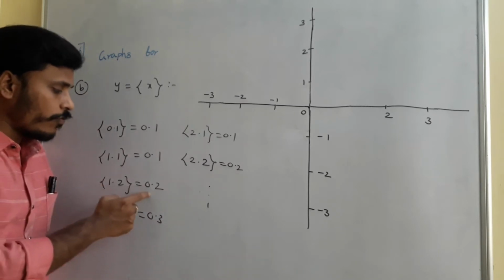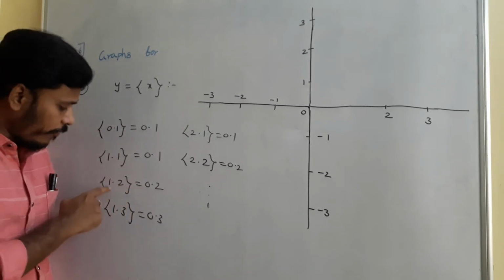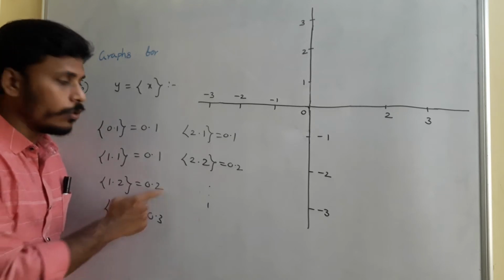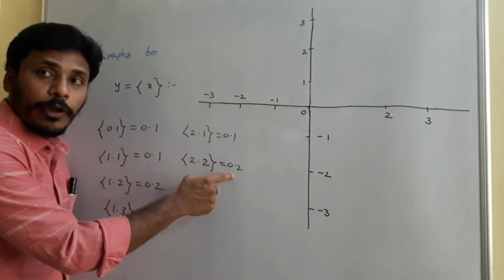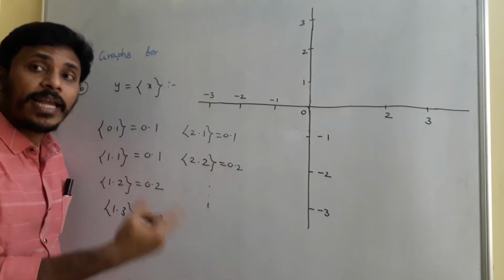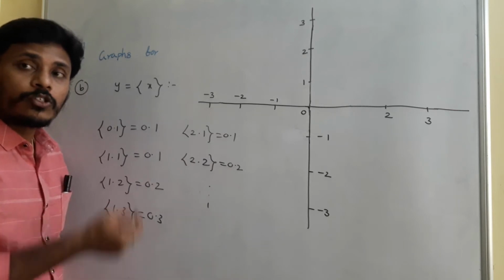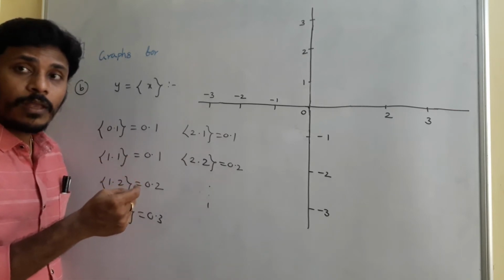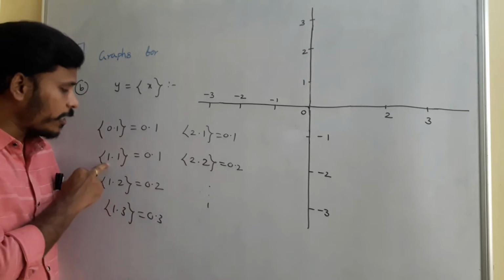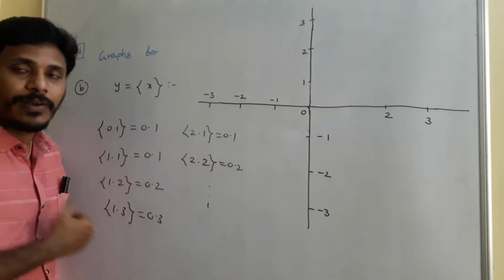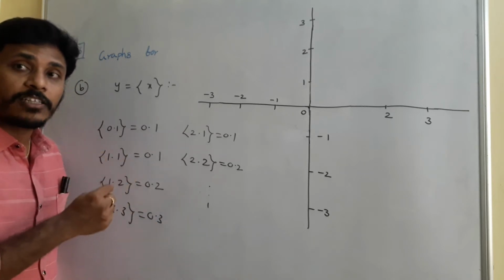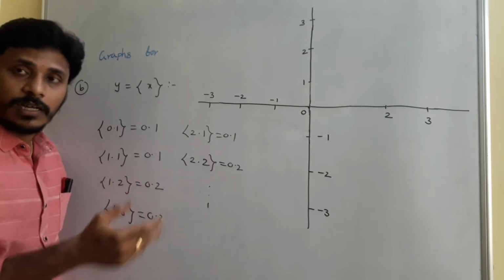For 1.2, it is 0.2. For 2.2 it is 0.2. For 3.2 again it is 0.2 only. So if you take any number, irrespective of the integral value, just leave the integral value, if the fractional value is the same, the result is also the same.